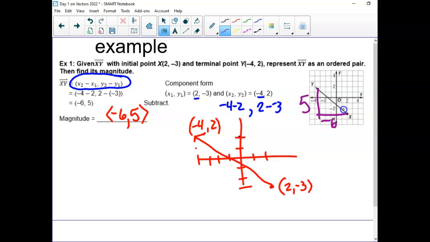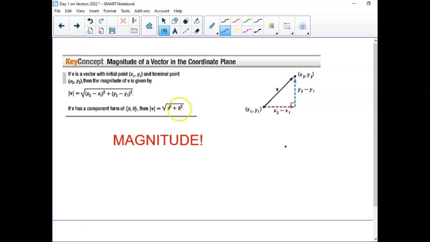Pythagorean theorem. So we're just going to do -6 squared plus 5 squared, and then we're going to square root it to find the magnitude. Okay, so let me go back to that slide. It says here, once you know the components of the vector, so you have found the component form like this, then you are just doing Pythagorean theorem to find the magnitude.